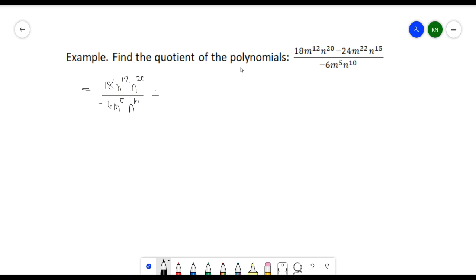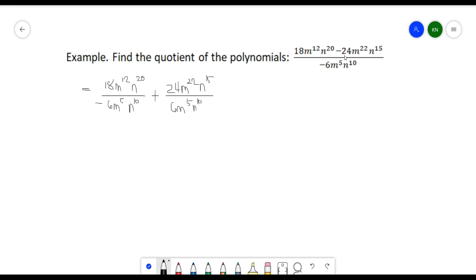So we have 24m raised to 22, n raised to 15 all over 6m raised to 5 and n raised to 10.